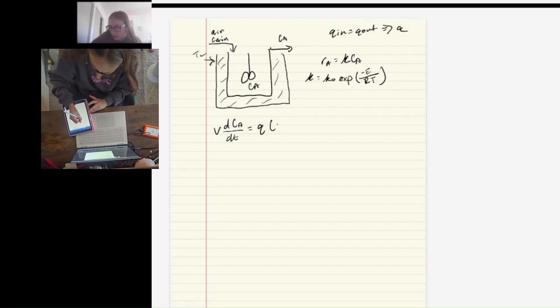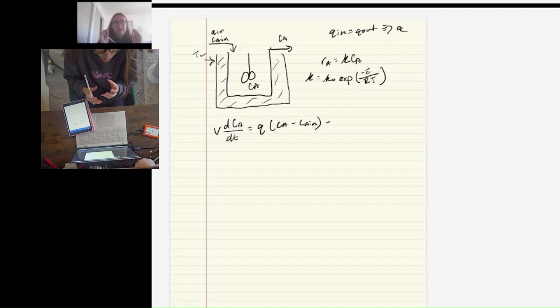So we have our flow rate Q times the change in concentration, Ca minus Ca in. Then we subtract our volume times the rate of reaction, which is Ra, and that is just k times Ca.